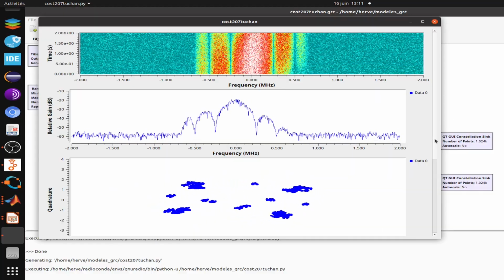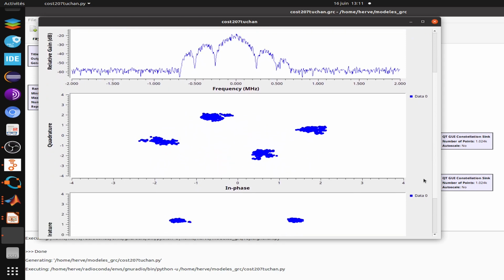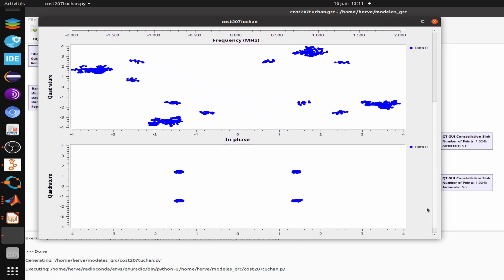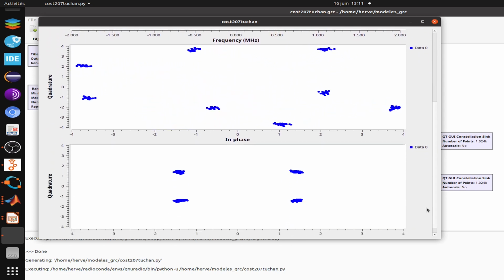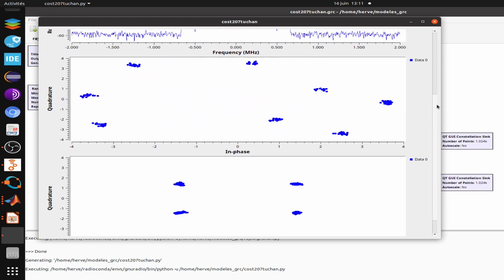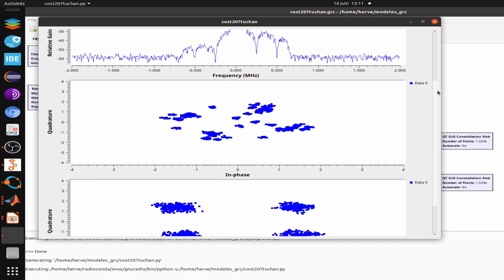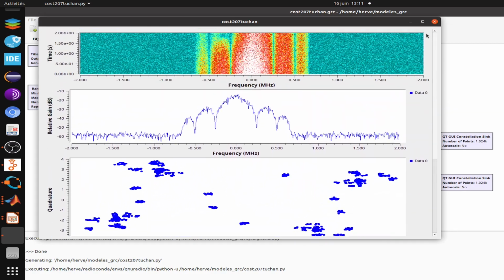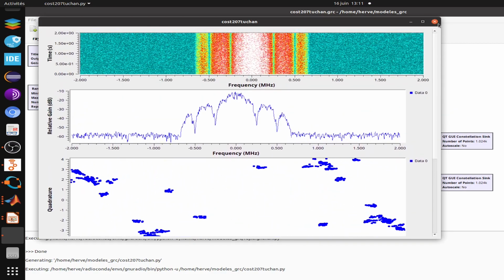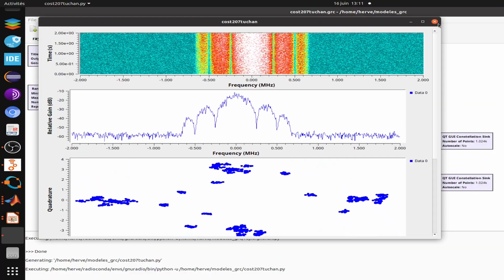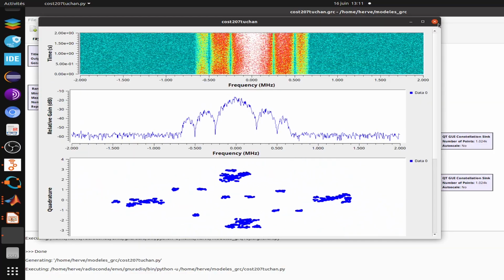That's the worst case. So again, I have designed an equalizer to counteract the effect of this frequency selectivity, which works, as you can see, quite well. So that's a frequency selective channel.